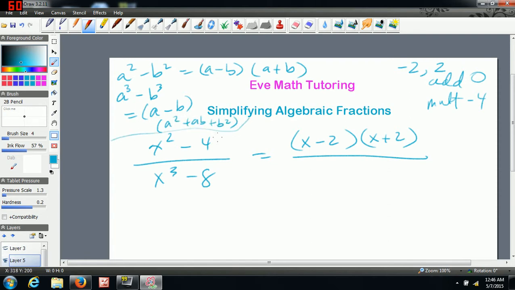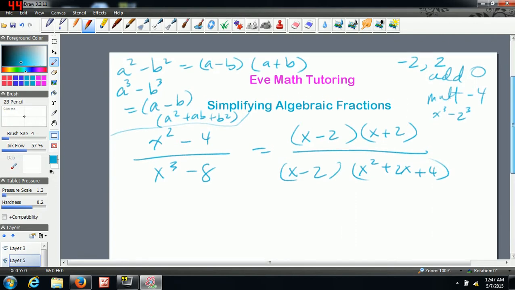Okay, so this one here, if we look at it carefully, is in the form x cubed minus 2 cubed, so that would factor as x minus 2, x squared plus 2x plus 4.